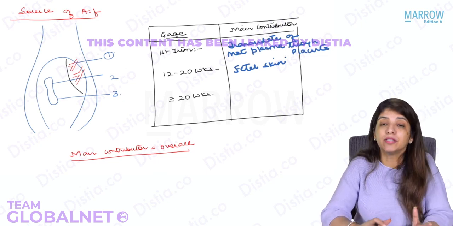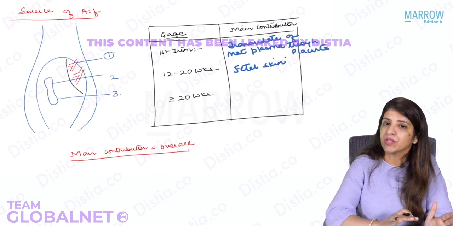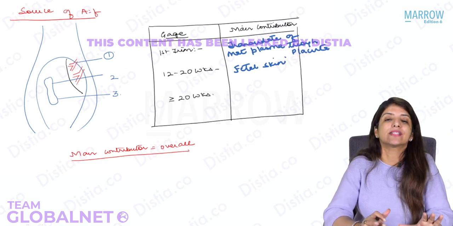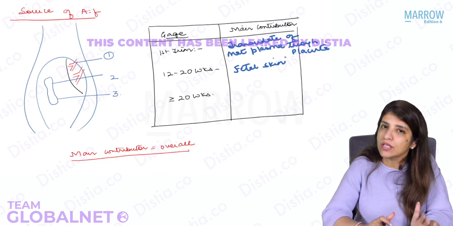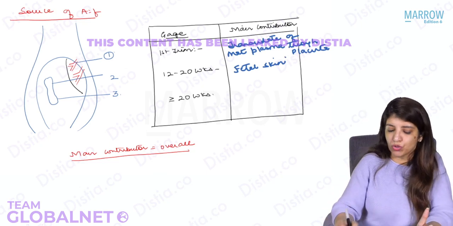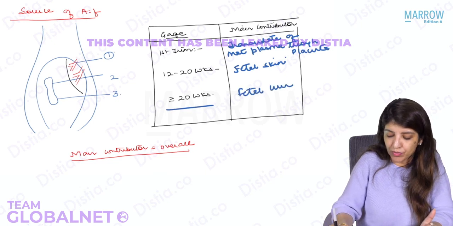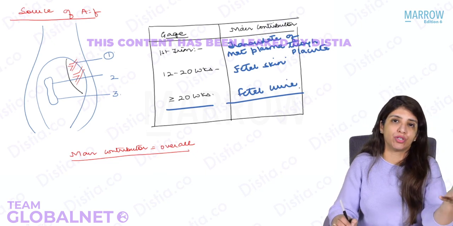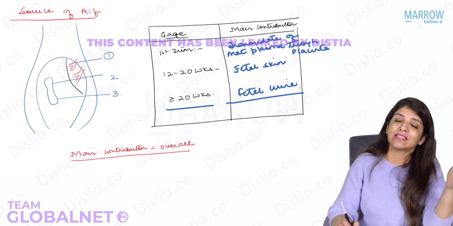But then the main contributor between 12 to 20 weeks is fetal skin, right? And then after 20 weeks, there is keratinization of the fetal skin which happens. And because keratinization of fetal skin happens, now the main contributor beyond 20 weeks is fetal urine. So remember, fetal urine will never contribute to the formation of amniotic fluid at less than 12 weeks.